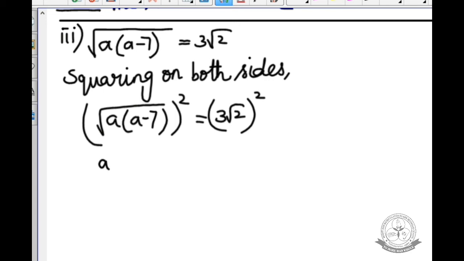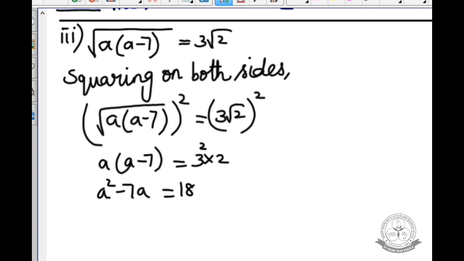We are getting a into a minus 7 equal to 3 squared into 2. 3 root 2 whole square means you bring the square to 3 as well as to root 2. 3 squared is 9, root 2 squared becomes 2. So a squared minus 7a equal to 9 into 2, 18. So a squared minus 7a minus 18 equal to 0.